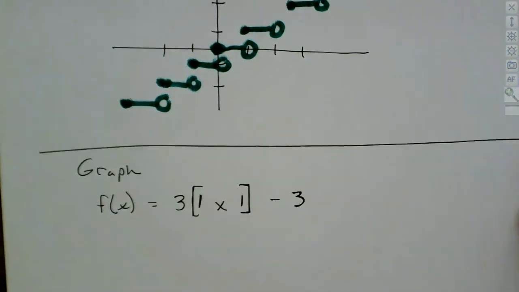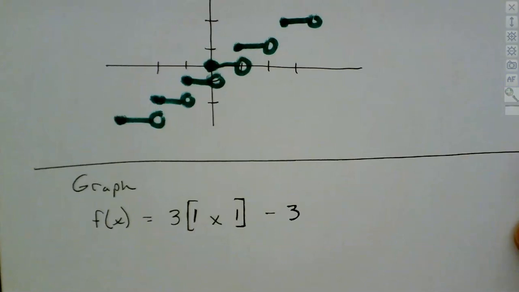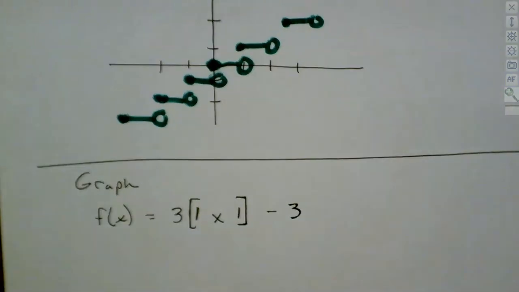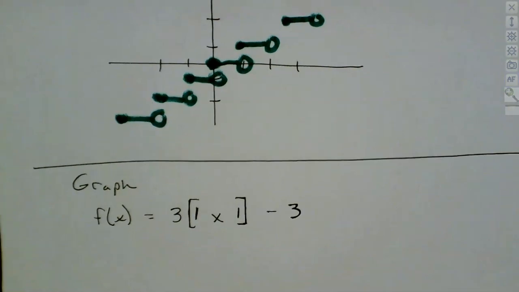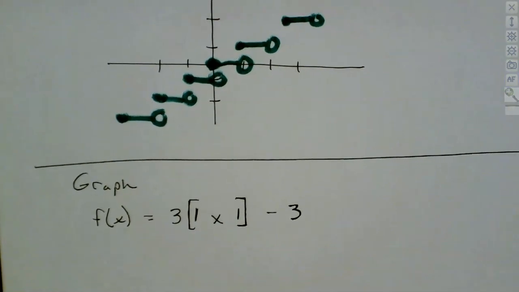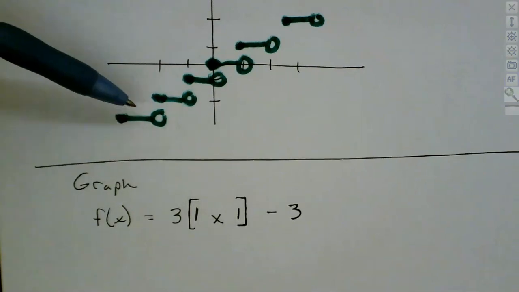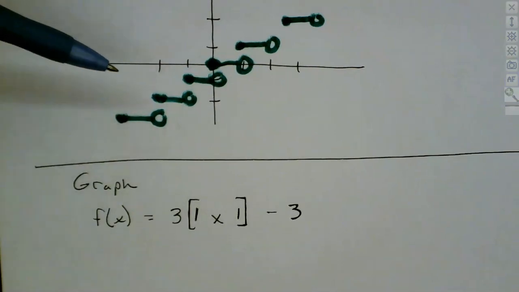So what is this one going to look like? Well, first off, we have the greatest integer bar, so make sure you know that's the greatest integer bar, not an absolute value. So we know that it needs to look like a case of stairs.